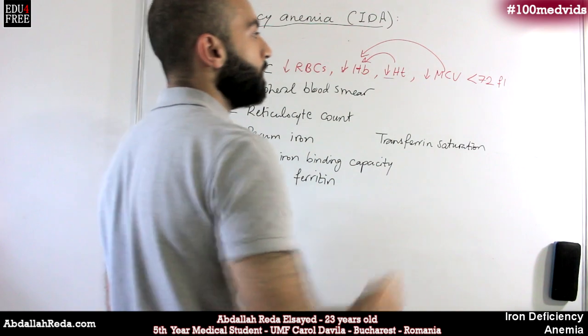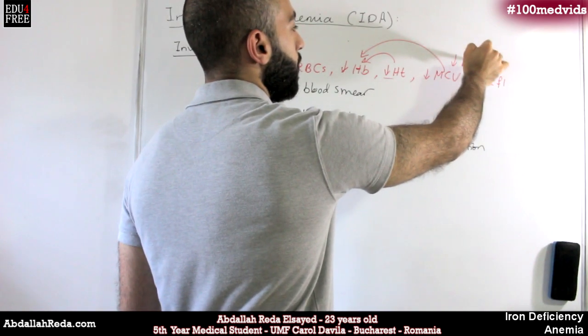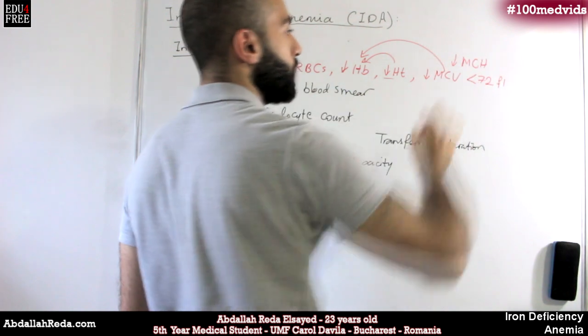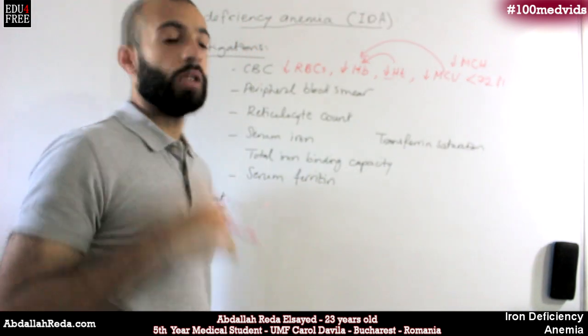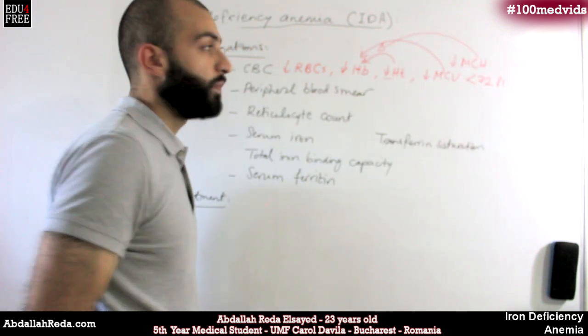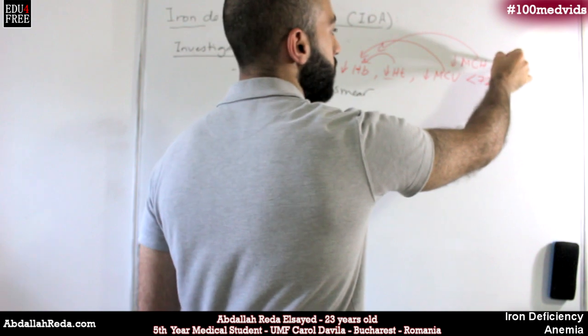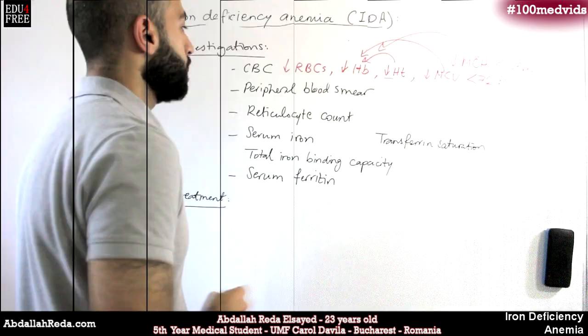We would have low MCH, mean corpuscular hemoglobin, again due to the decrease in the hemoglobin, and that would be less than 27 picograms.